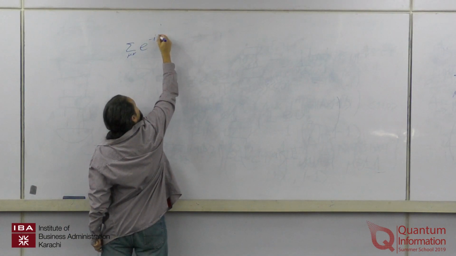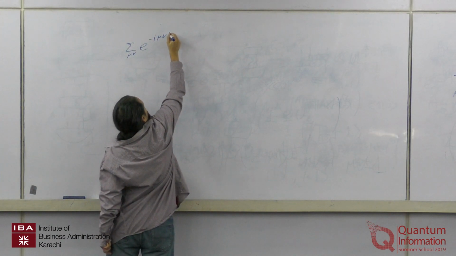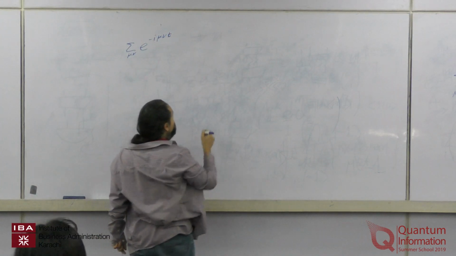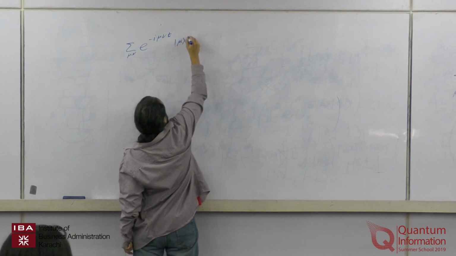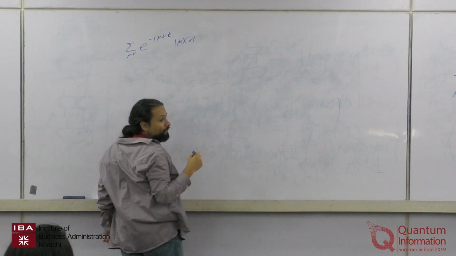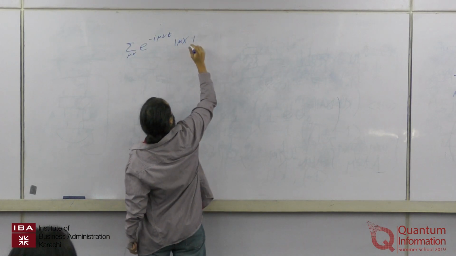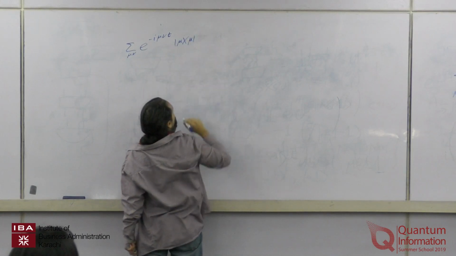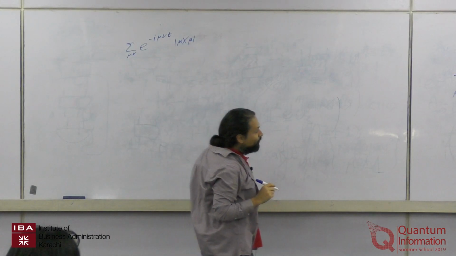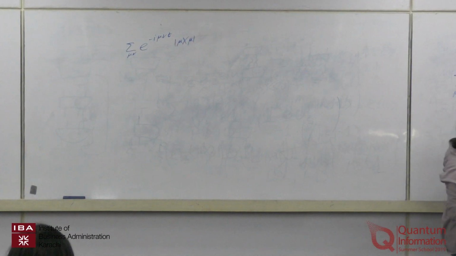Minus i mu t, mu in which system? Remember that now we don't have A anymore. We have A1, E, A2.